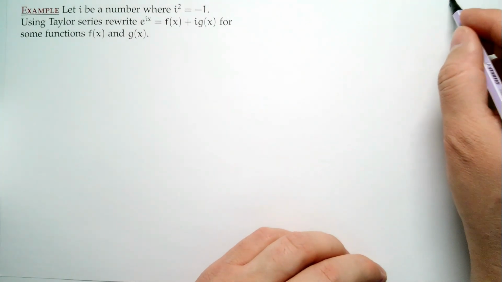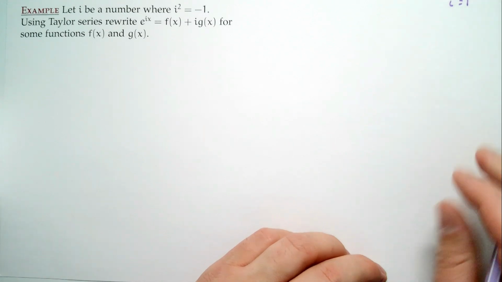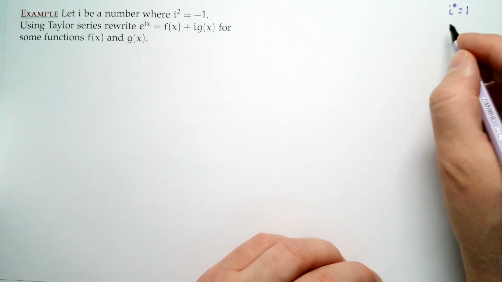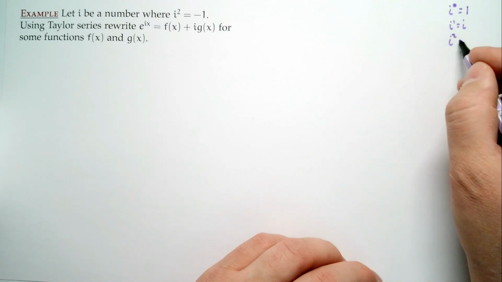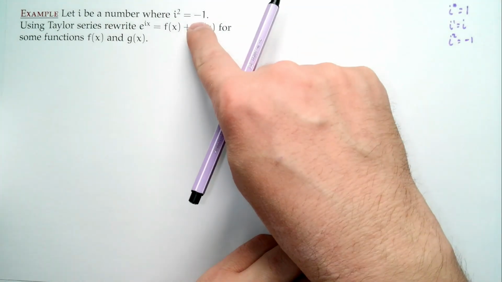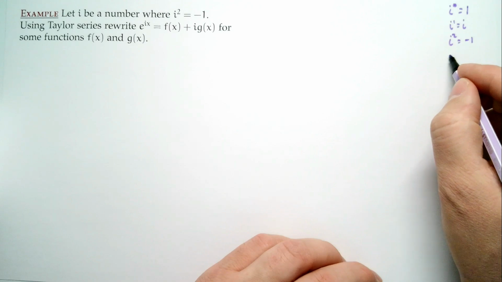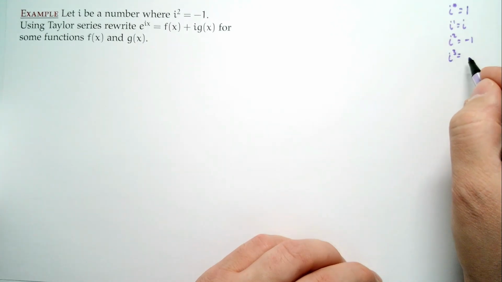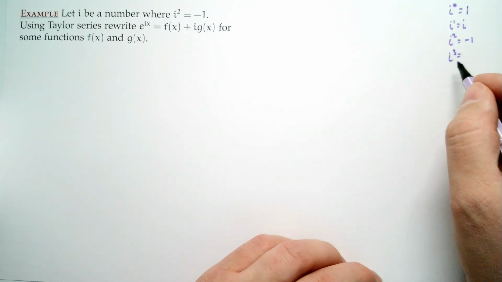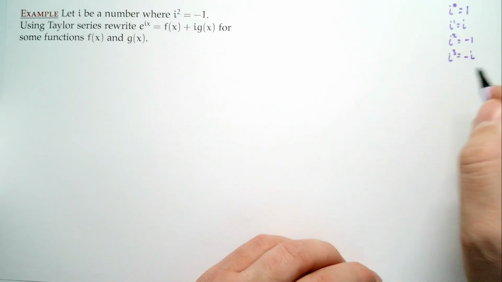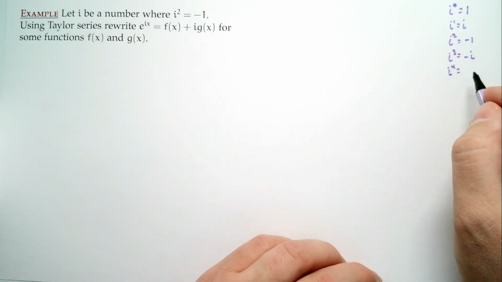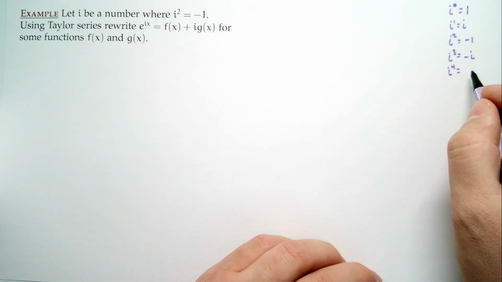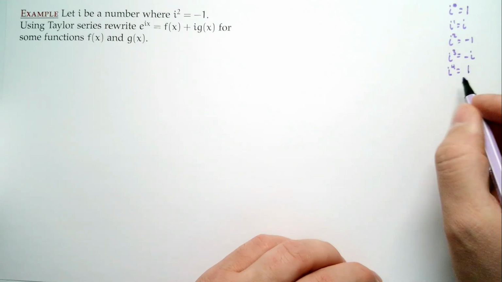So, i to the 0 is 1. i to the 1 is i. i squared is -1. How about i cubed? Well, I can think of it as i squared times i, which gets me -i. i to the 4th is i squared times i squared, which is 1.